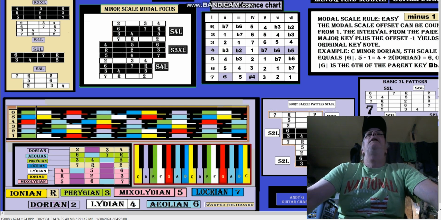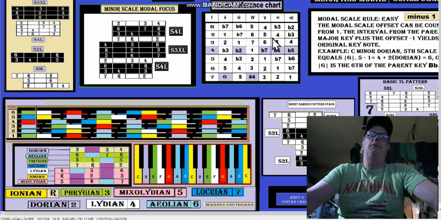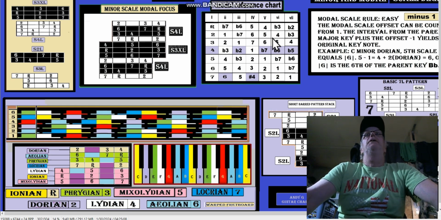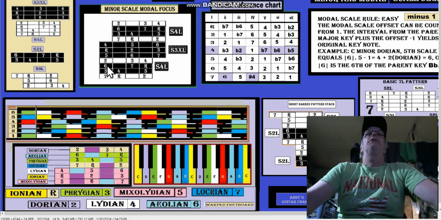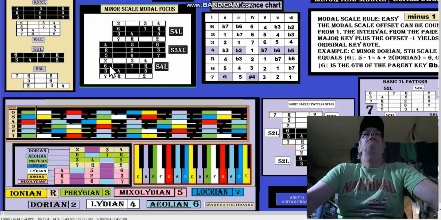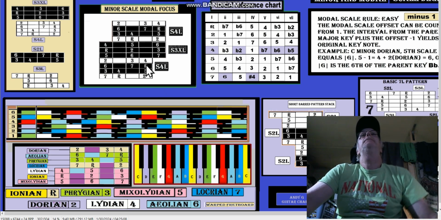So let's move on. That was the considerations for the relative minor scales and modal scales, to be able to call them 1, 2, 3, 4, 5, but I would still start at, say, this 6 here. Say I wanted to play an Aeolian 6th. It's going to be a minor. It actually is the relative minor of the root here.